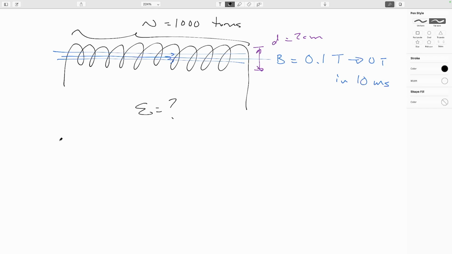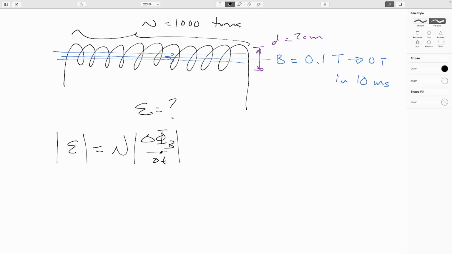Well, we can go ahead and use Faraday's law of induction here. So the magnitude of the EMF will be N times the time rate of change of the magnetic flux. Now, the reason we can work in magnitude is that if we need to know polarity, we can always use Lenz's law to talk about which way we would be trying to shove charges around in the circuit.